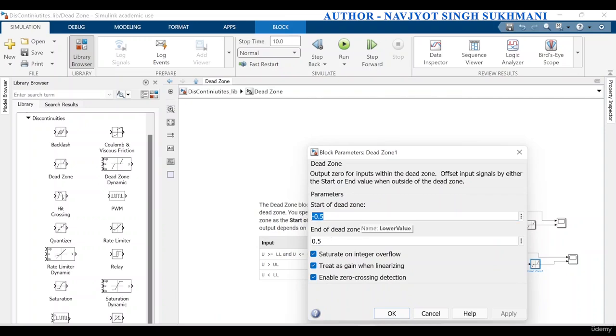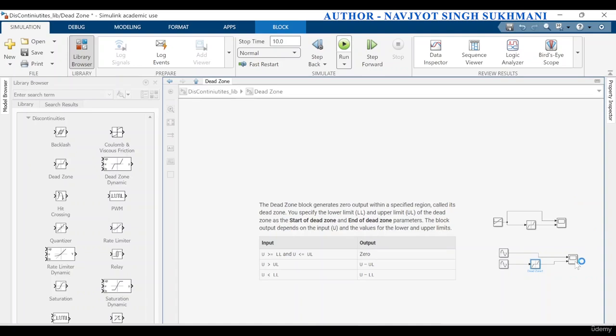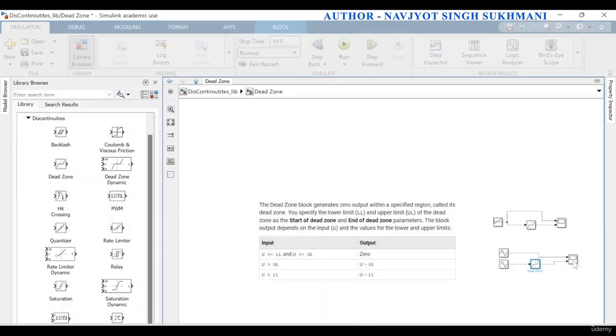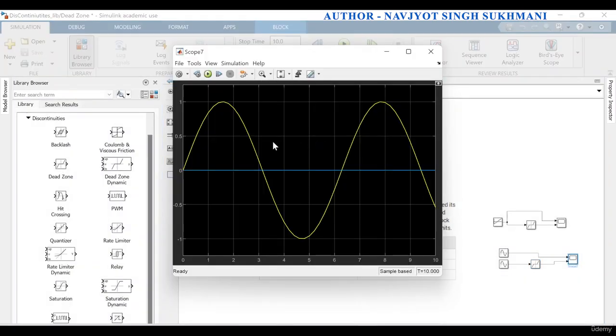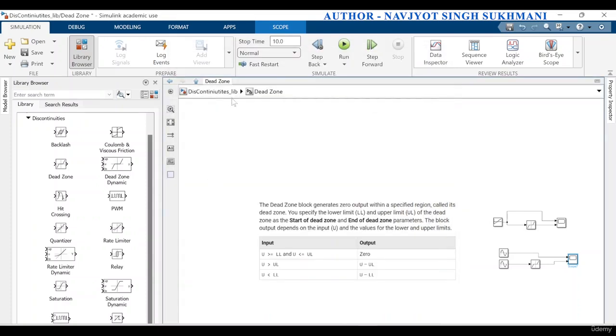If I change this to -1 to 1 and simulate this model again, what is going to happen? This may be a curious question. Here both are equal, so nothing will be present. That's why the logic is deleted and it becomes one single line. So that's the working principle of dead zone.